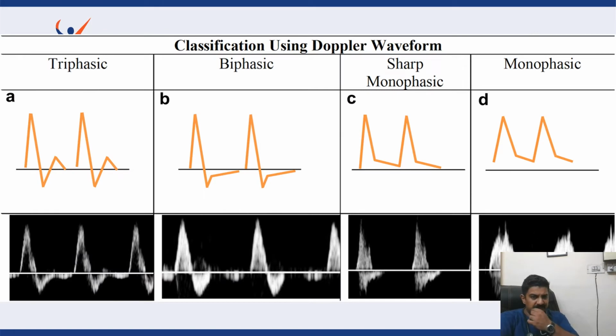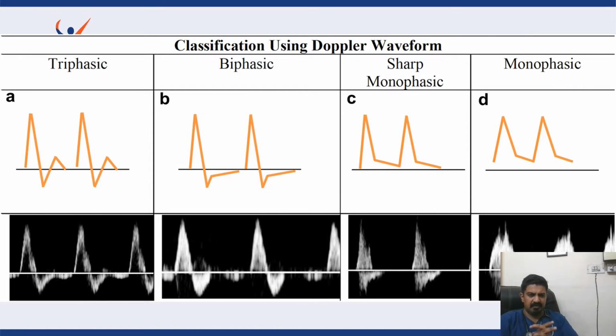Now, we're moving on to the classification of the Doppler waveform. If you're a final year medical student, this might go beyond the scope of this discussion, but it's always nice to gather a few points that might be beyond your comprehension at this point. Hopefully, they will fix in the schemas that you are developing in your cognition and help you later on in your life.